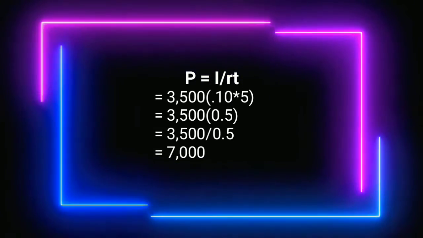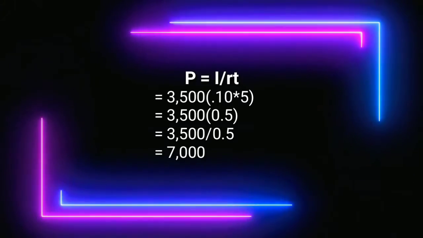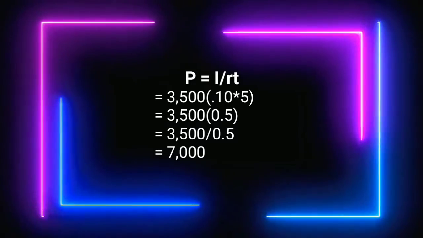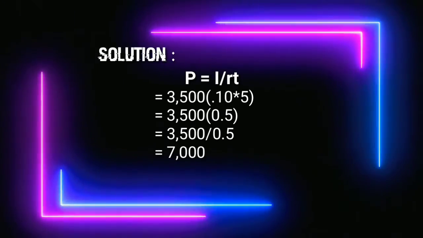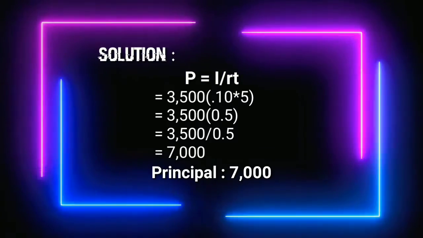So 0.10 times 5 is equal to 0.5, and then 3,500 divided by 0.5 is equal to 7,000. So the principal is 7,000.